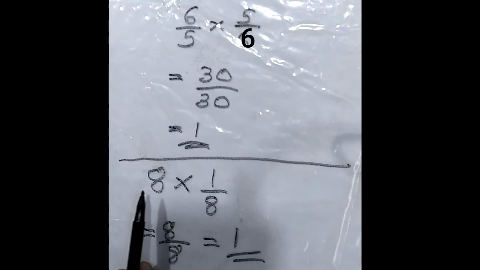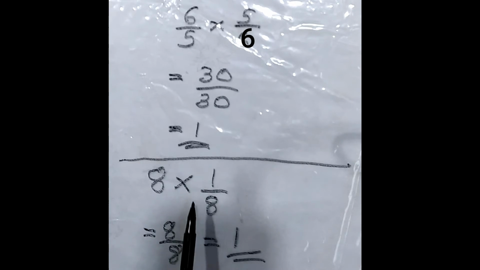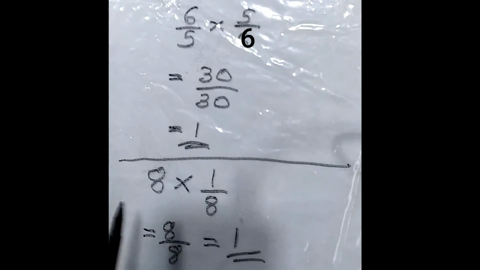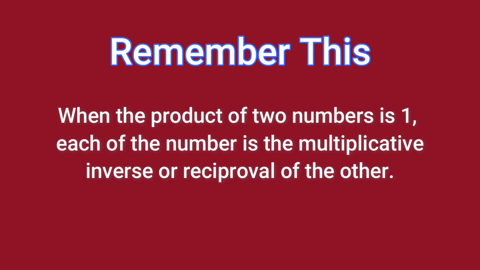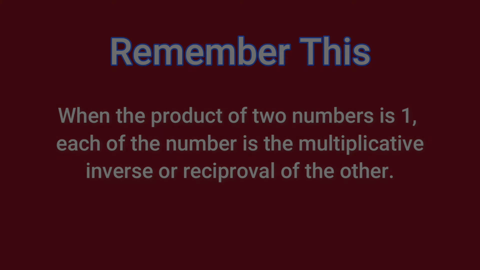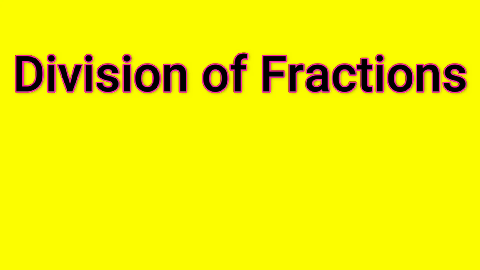That is, 8 is the multiplicative inverse of 1 by 8 and 1 by 8 is also the multiplicative inverse of 8. When the product of two numbers is 1, each of the numbers is the multiplicative inverse or reciprocal of the other. Next we will see division of fractions.